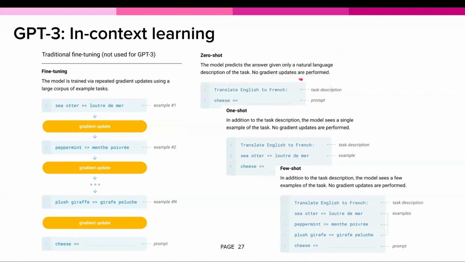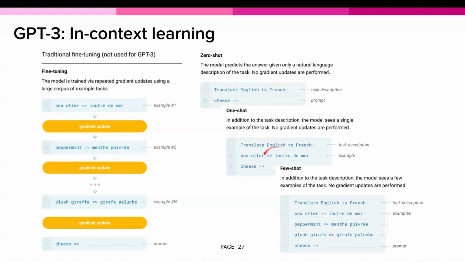So zero shot learning would mean that GPT-3 is able to complete the translation task from natural language instruction alone. So this would be, translate English to French, and then for this particular word, cheese. And there are no examples given, and it's able to complete this task and correctly return fromage.